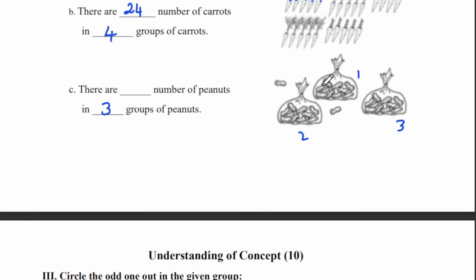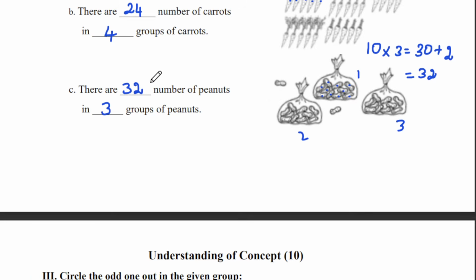So we have 1, 2, 3, 4, 5, 6, 7, 8, 9, 10. So we have 10 peanuts in one group. And how many groups we have? We have 3 groups. So 10 into 3, which is 30. And how many peanuts do we have singly? 1, 2. So 30 plus 2, which is equal to 32.